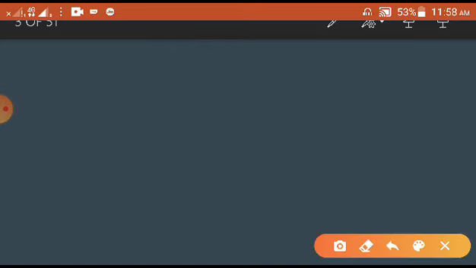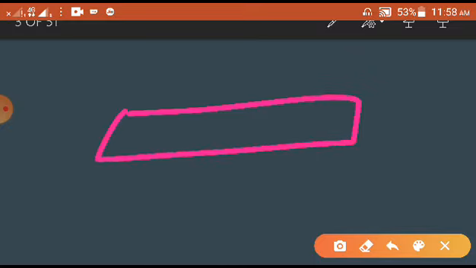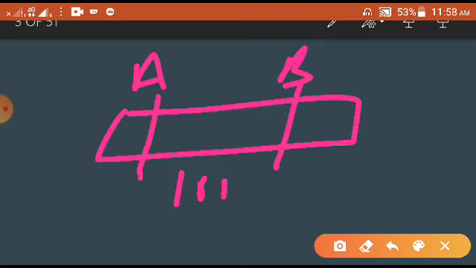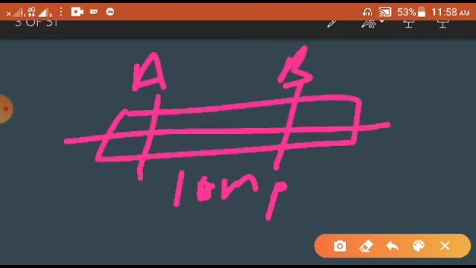For example, there is one fragment where this is gene A, this is gene B. You can say gene A is present 10 map units away from gene B. At the same time, if you consider this whole length as 100%, then you can say the recombination frequency of gene A and B is 10%. Okay, so like that you can understand.